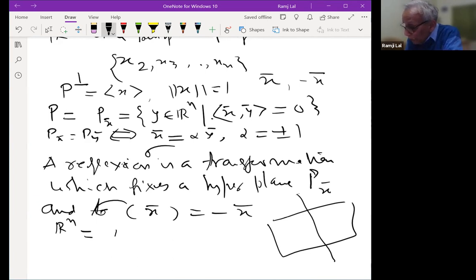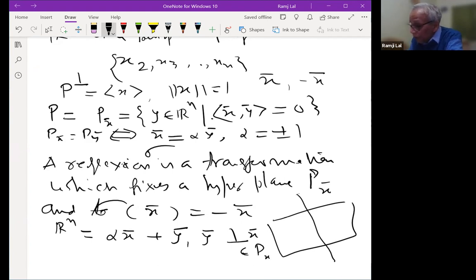That will be a member of alpha x plus y, where y is orthogonal to x. Y is in Px, in the hyperplane determined by this unit vector. So any element z bar is alpha x bar plus this thing.